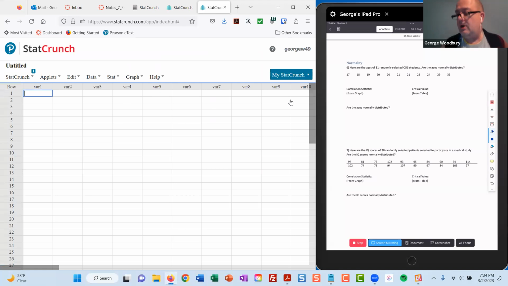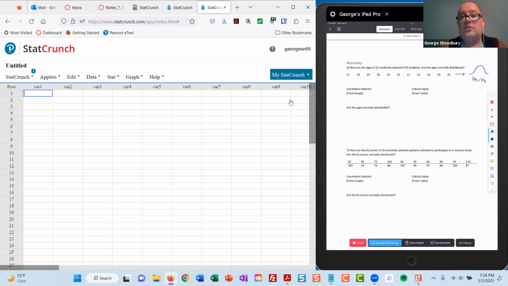So with normality, what we're trying to figure out is whether a set of data could come from a normal distribution. It's hard to tell with a small amount of data, like 11 values in problem 6 or even 20 values in problem 7, but StatCrunch creates a graph that will help us make that determination.